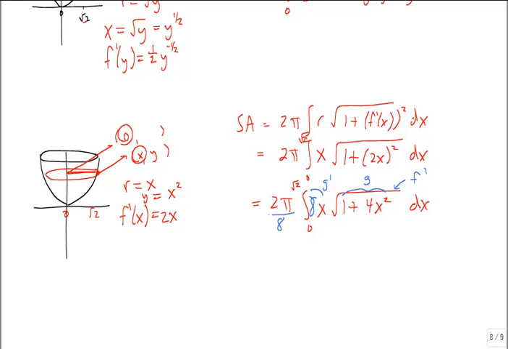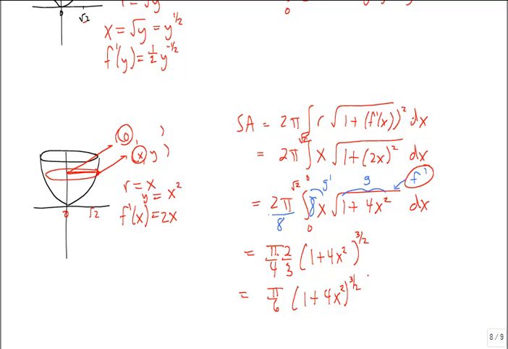So when I integrate this, this 2 pi over 8 becomes pi over 4, and the only piece of this that I need to integrate is that outer function, which is a 1/2. When you add 1 to 1/2, it becomes 3/2 times 2/3, and what's inside stays inside. So this becomes pi over 6 times 1 plus 4x squared to the 3/2, and I'm plugging in 0 and square root of 2.